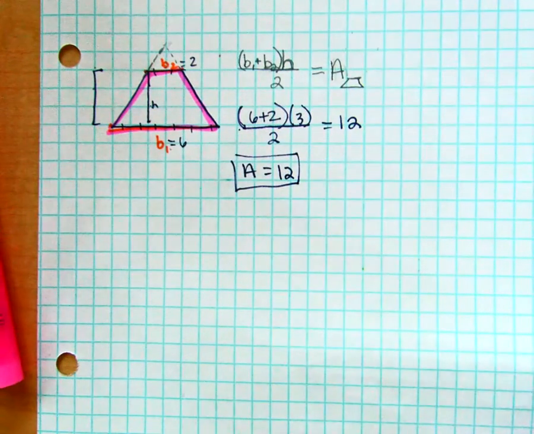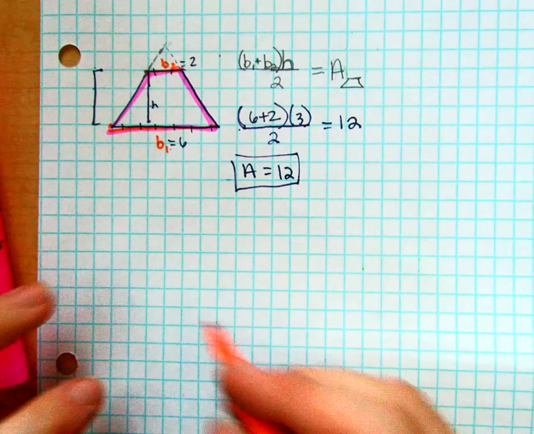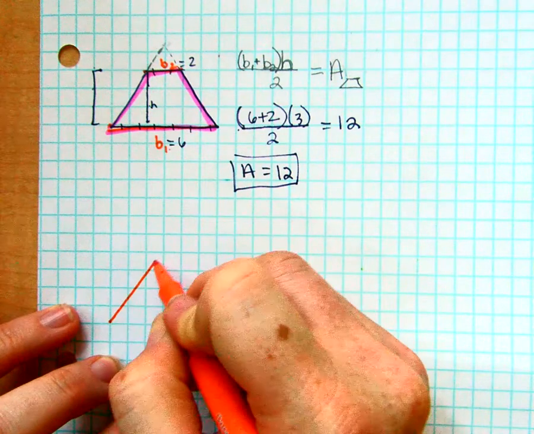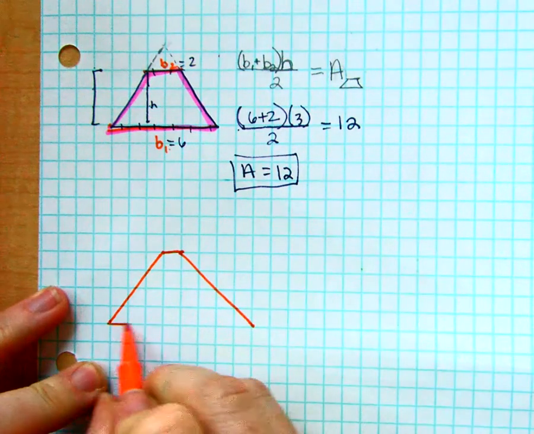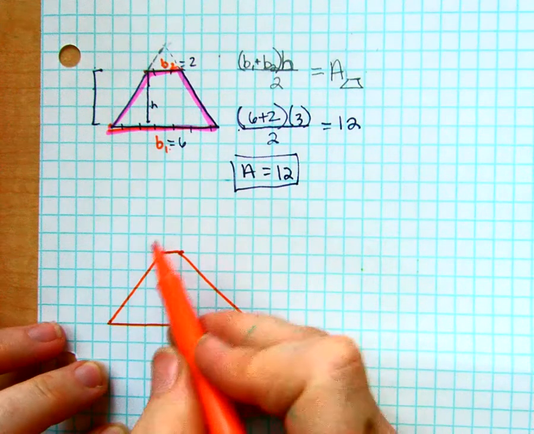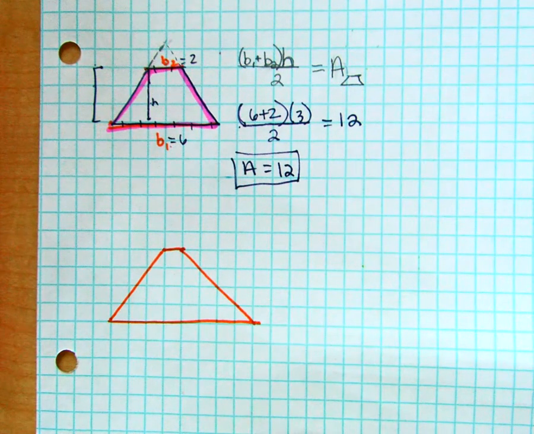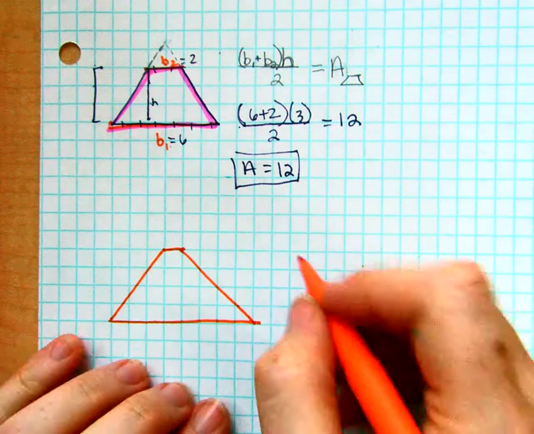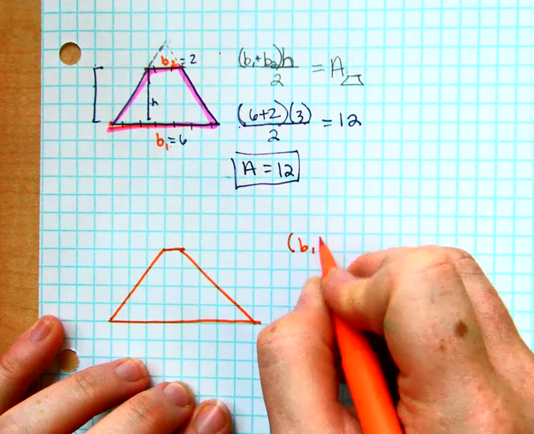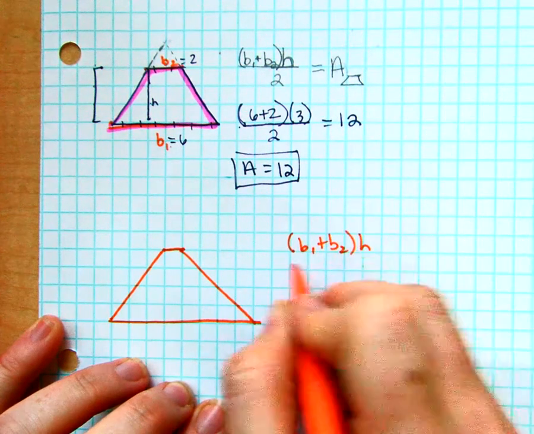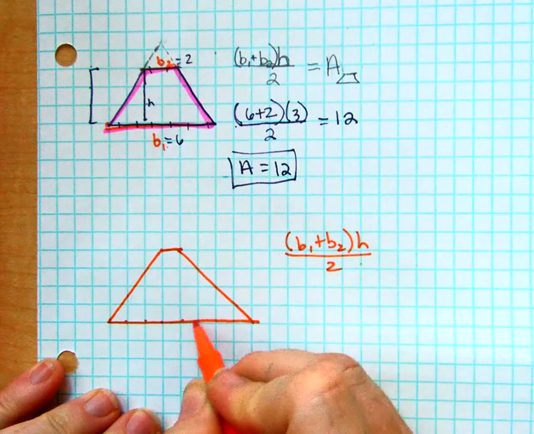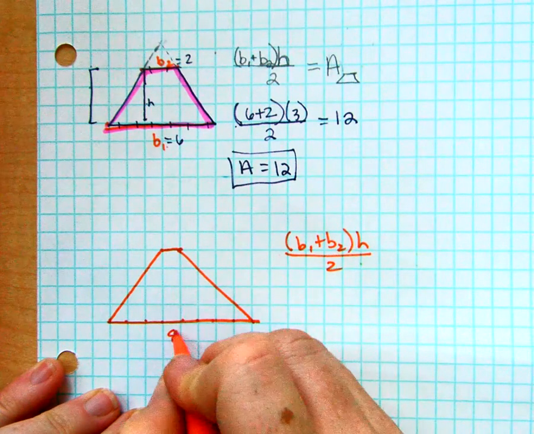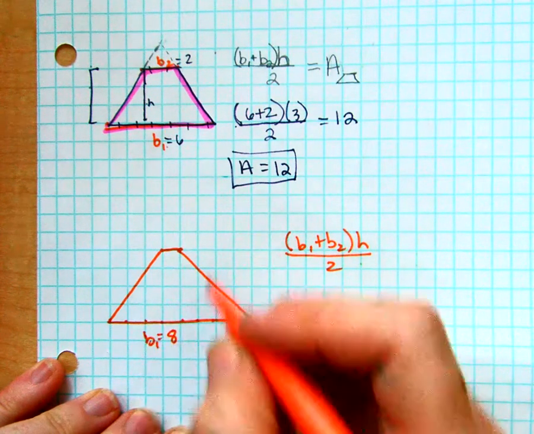Okay, I will do one more for you. So this is almost a triangle. You can see just the top part is missing. And so the first thing we want to do is add the two bases, then multiply by the height, then divide by 2. So 1, 2, 3, 4, 5, 6, 7, 8 for base 1.